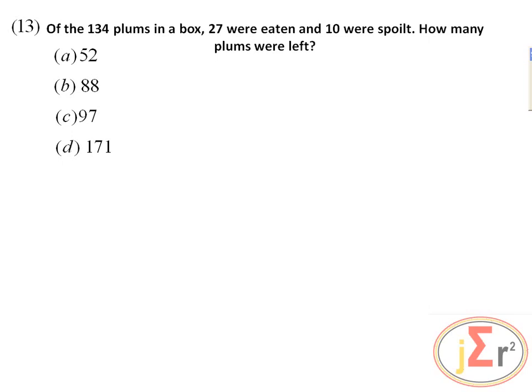You also consider that if you have 10 of them that were spoiled, that will also further reduce the number of plums that you have. So you will be going down in your numbers because you would have eaten 27 of them. And also you will go further down because 10 of them were spoiled.